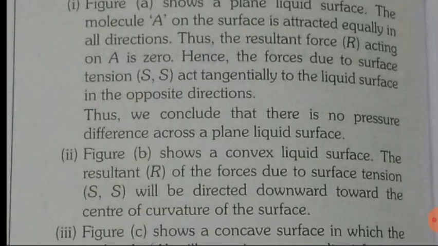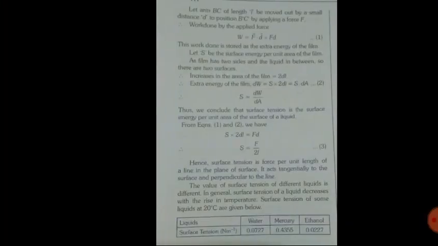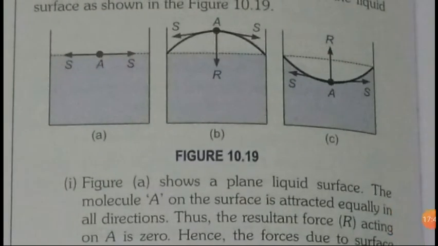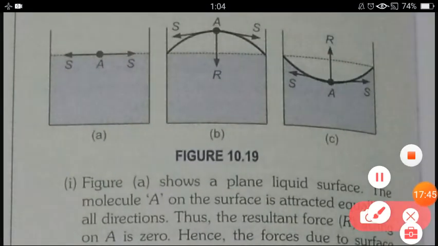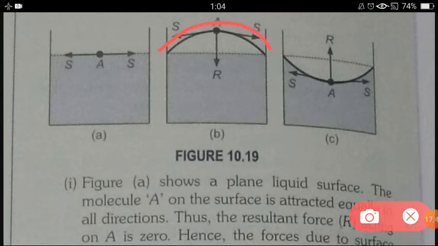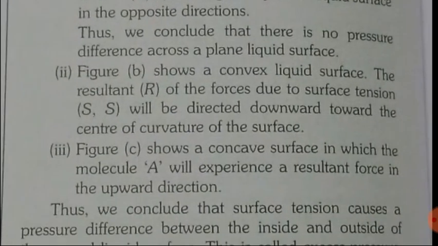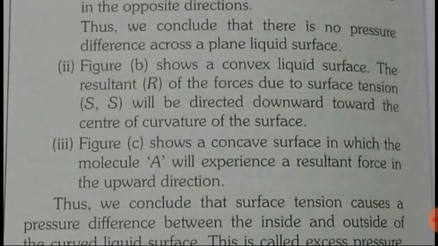In figure B, we have a convex liquid surface. You can see that the surface has a convex shape. The resultant of the forces due to surface tension will be directed downward toward the center of curvature of the surface.